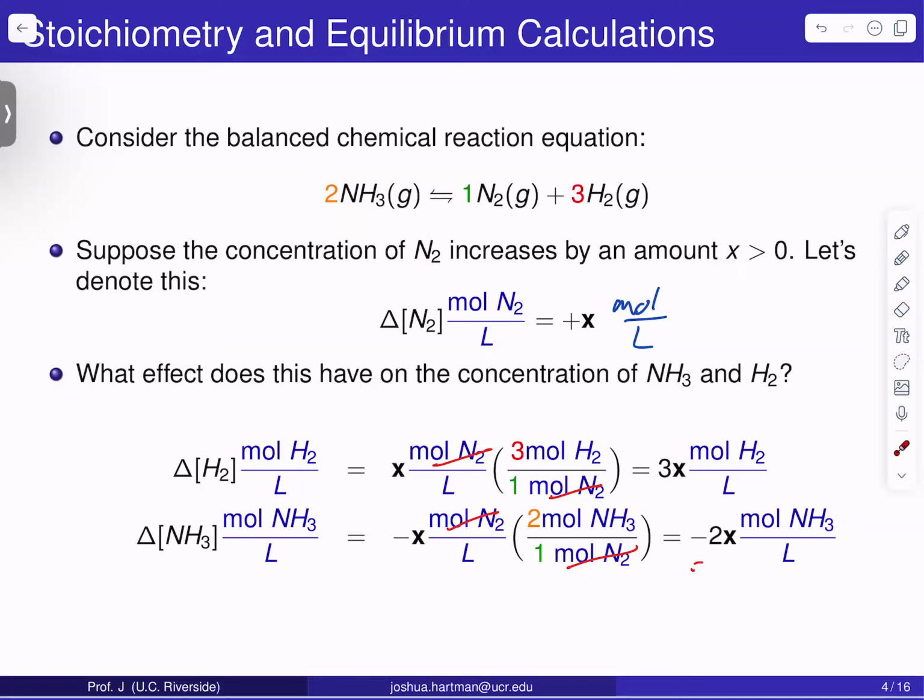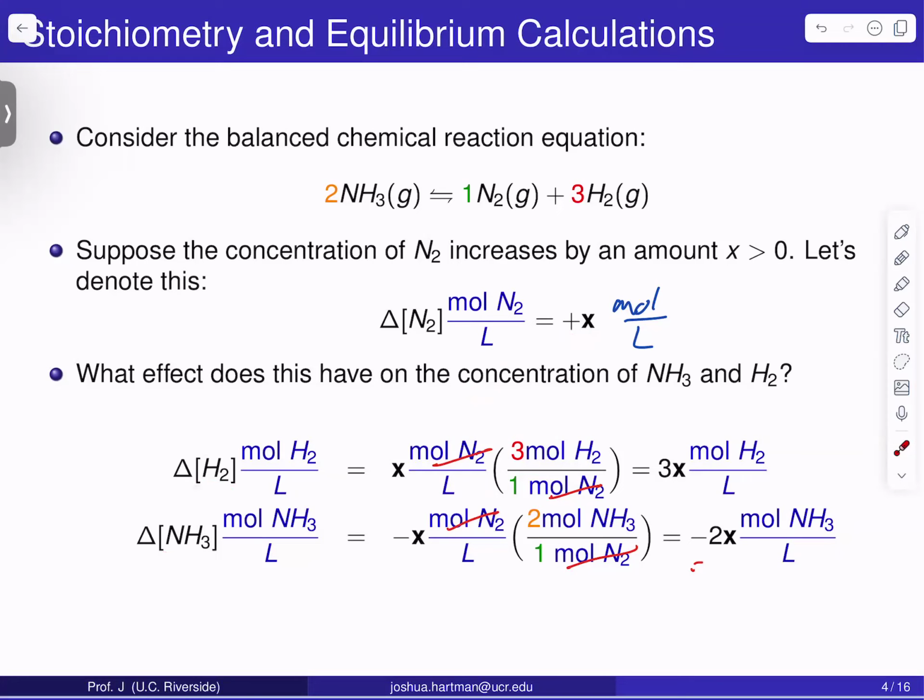So we're going to start off by writing this down, saying, okay, my change, remember this delta means change, in concentration of N2, which would have units of moles of N2 per liter, is going to increase by some amount X. X is positive, we're going to be increasing it by some plus X. And we want to think, what effect does this have on the concentration of NH3 and H2? So NH3 here and H2 here, how are these concentrations going to be changing?